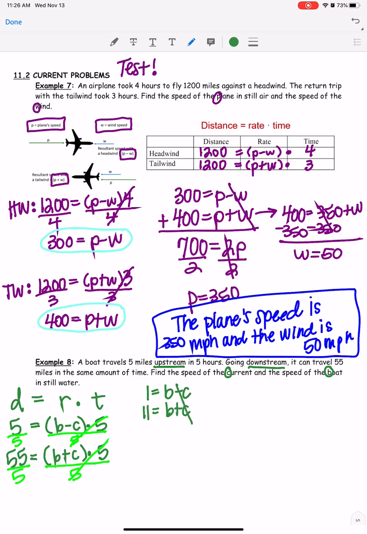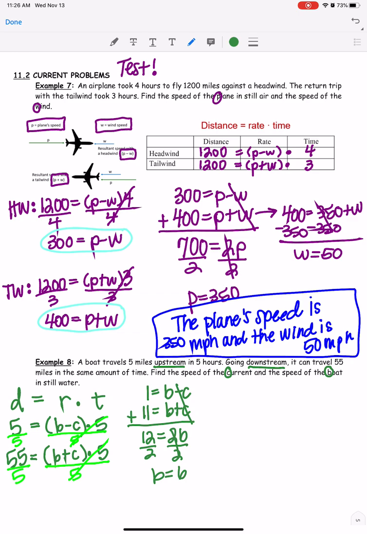So now my C's cancel, and I'm going to add what is left. So 1 plus 11 is 12. B plus B is 2B. Divide both sides by 2, and I get my B to be 6.